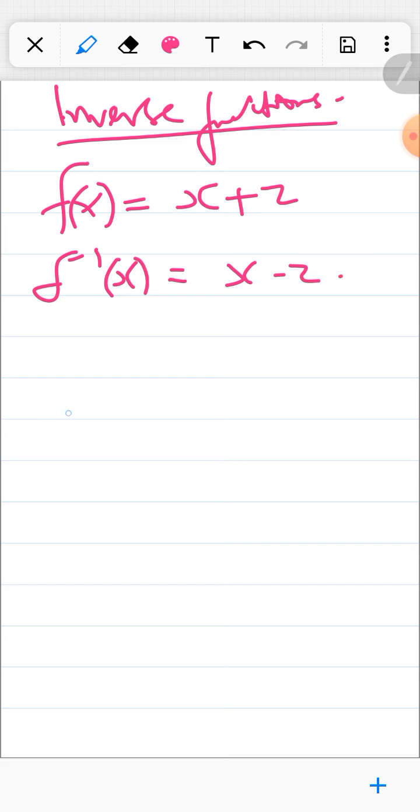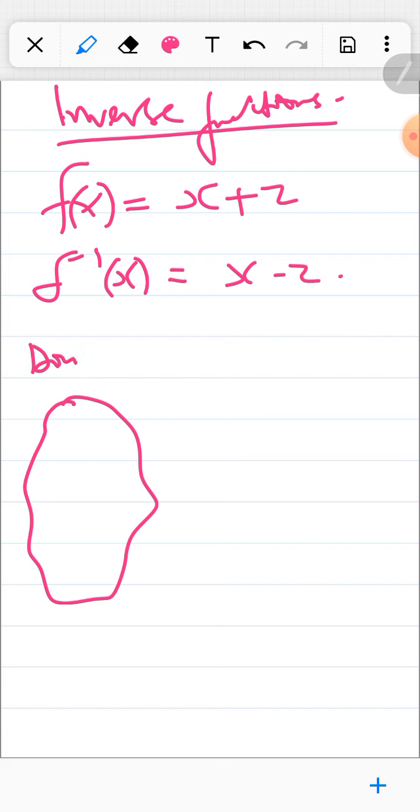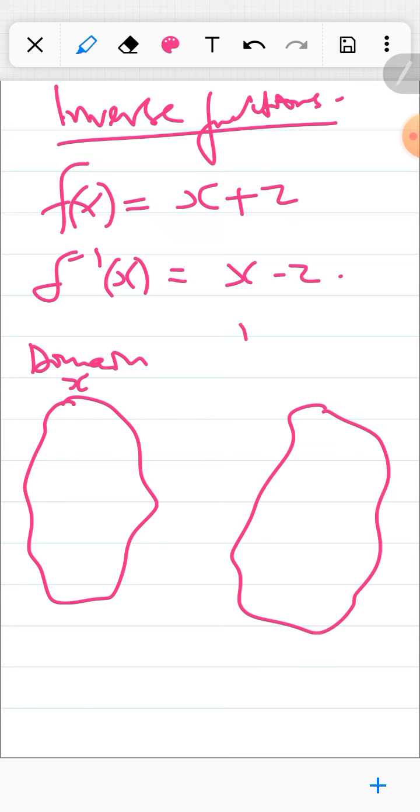Let's think about it in terms of domain and range. If I have my domain here, remember domain is the x values, and I have my range here, and remember range is the y values.